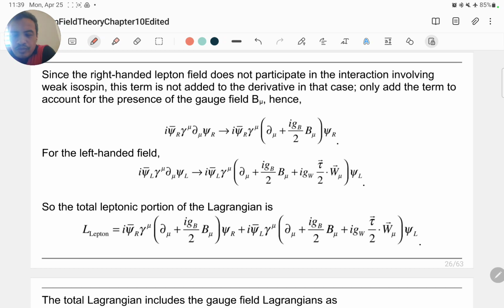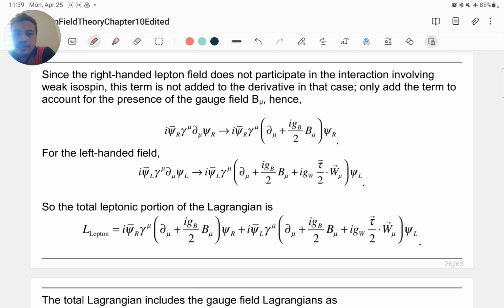Now, since the right-handed lepton field does not participate in the interaction involving the weak isospin, you cannot add that term in this case.